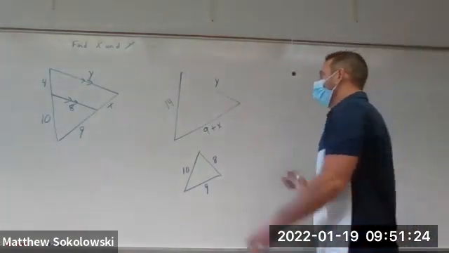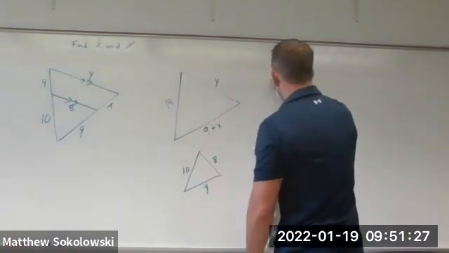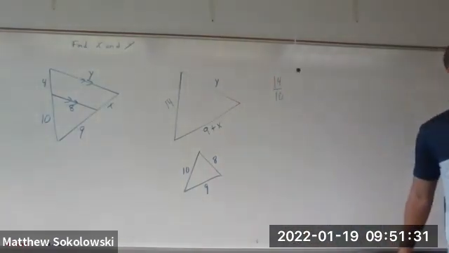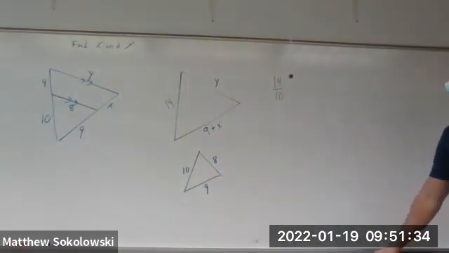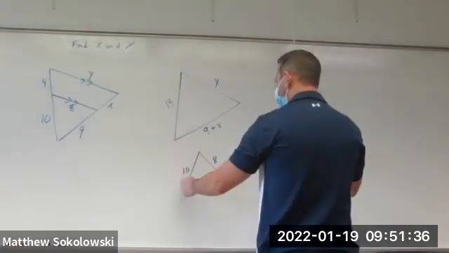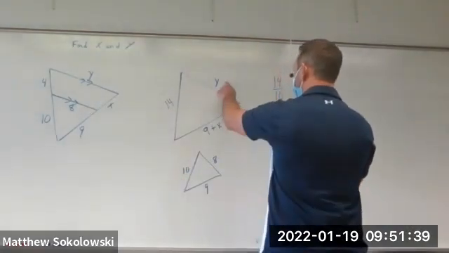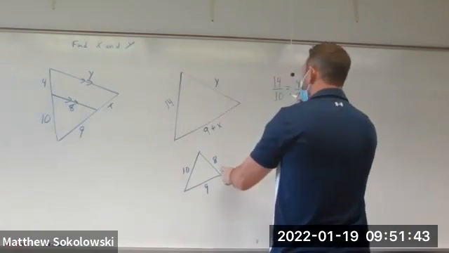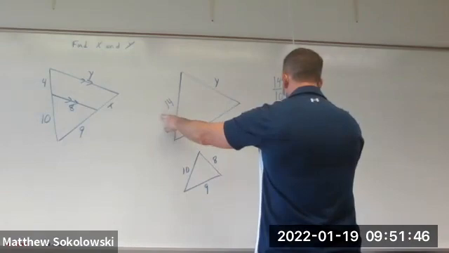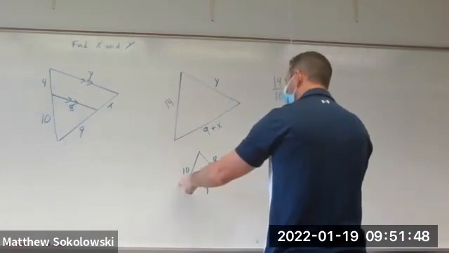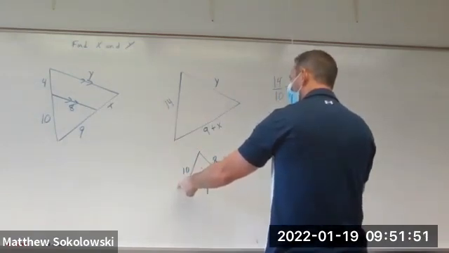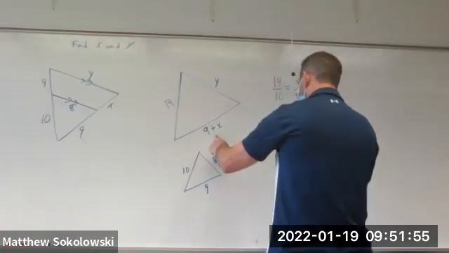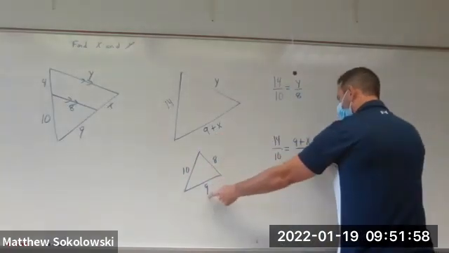All right. So if we're going big to small, the ratio or scale factor is 14 to 10, which we could reduce to 7 to 5 if we wanted to. So we got 14 over 10 equals y over 8. Or we've got 14 over 10 equals 9 plus x over 9.